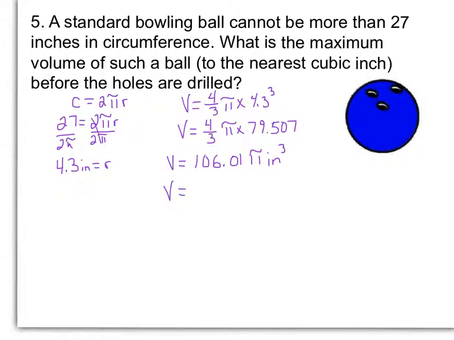And we want to round that to the nearest cubic inch, so we'll multiply by pi and round to the nearest whole number. We get 333 inches cubed. That's the maximum volume for the bowling ball.